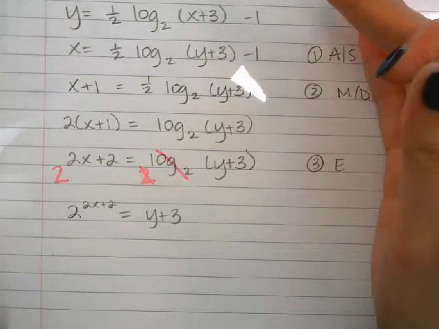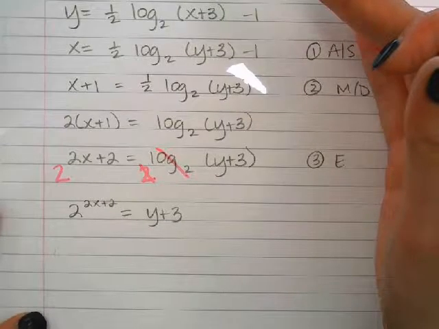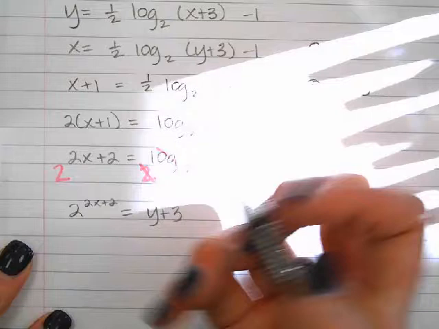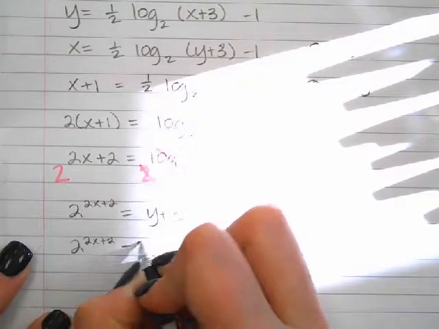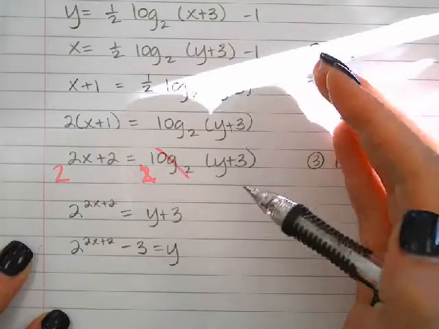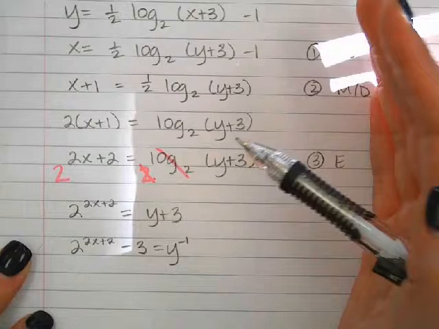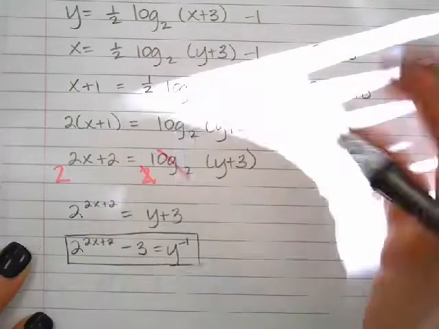I did the inverse operation, and the equation that used to be written as a log is now written as an exponential function. Then I can just subtract the 3 over to the other side. Since that was an inverse, I can put that -1 for that inverse notation. And there is my function.